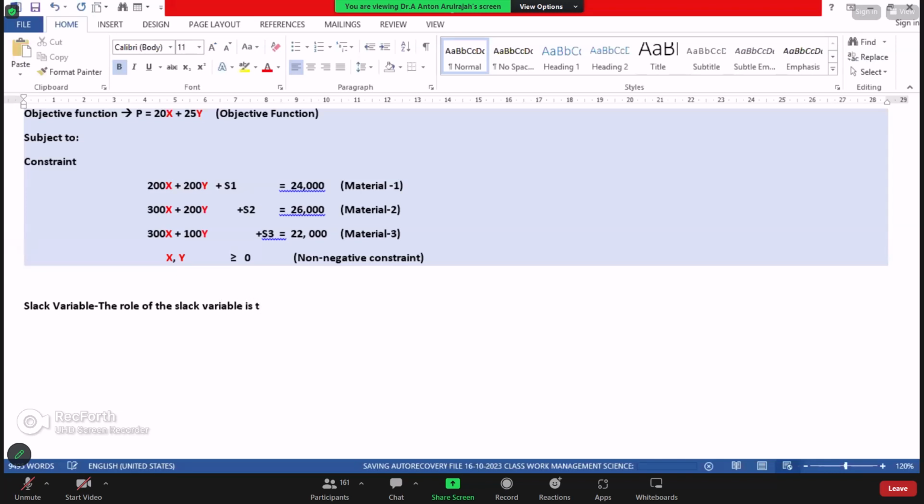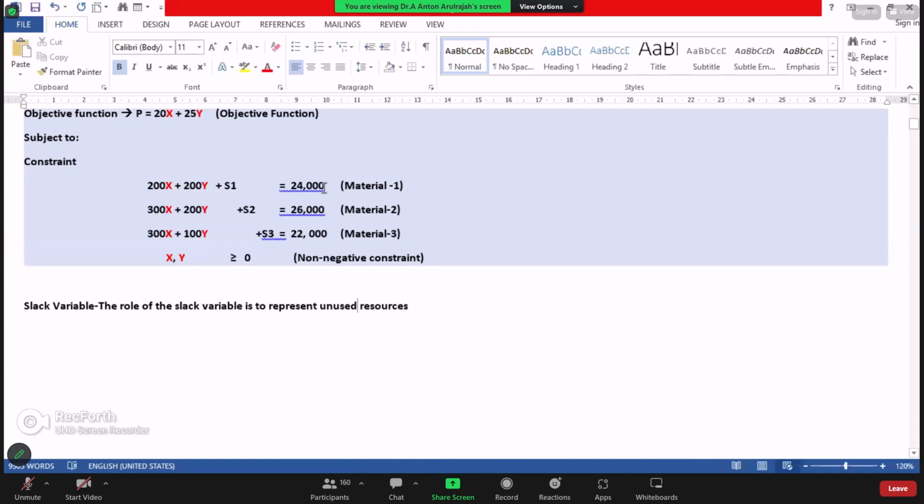The role of the slack variable is to represent unused resources.